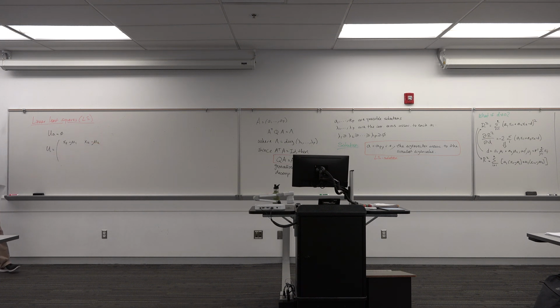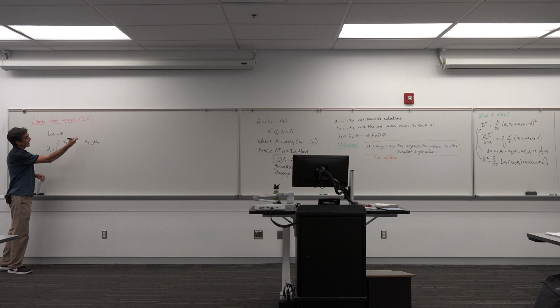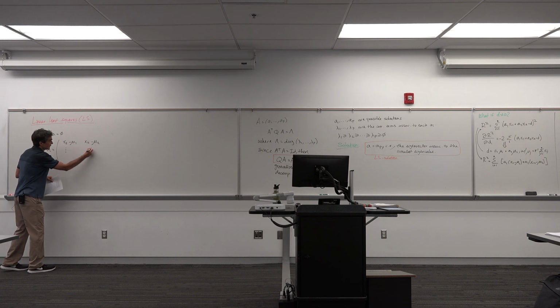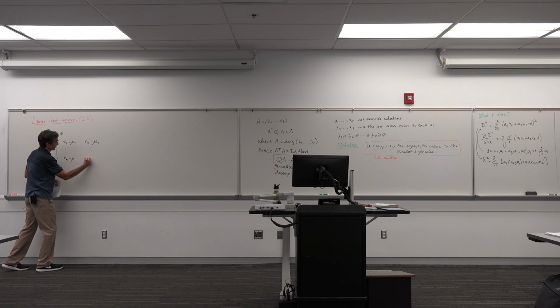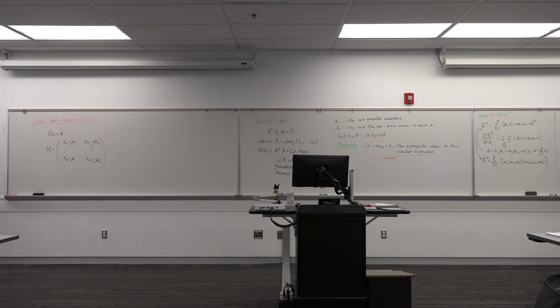The same for x21 minus mu1, x22 minus mu2, and all the way to xn1 minus mu1 and xn2 minus mu2. So that's the same equation as I have there, but in matrix form.